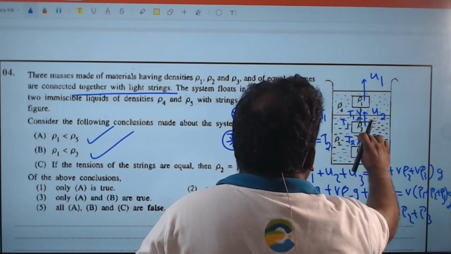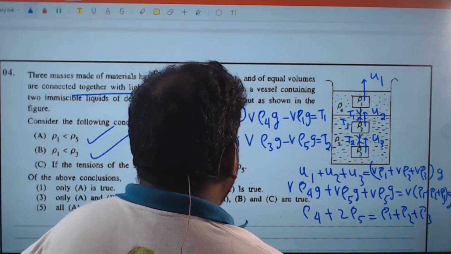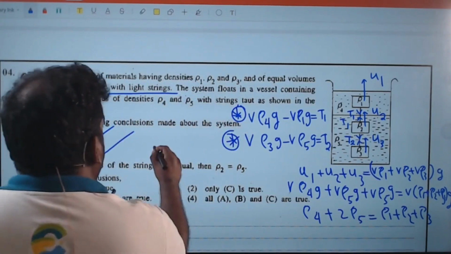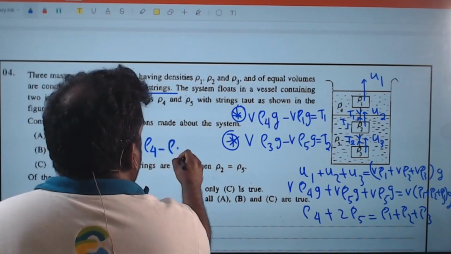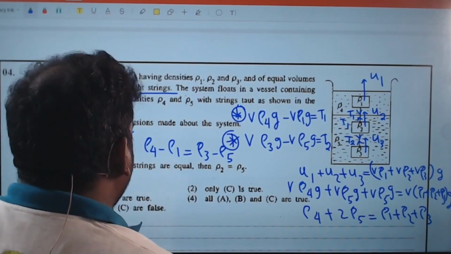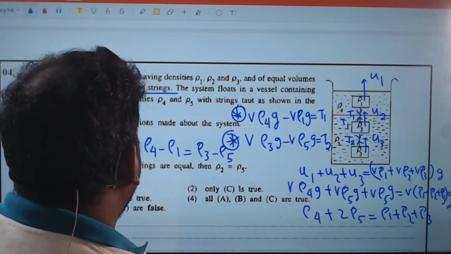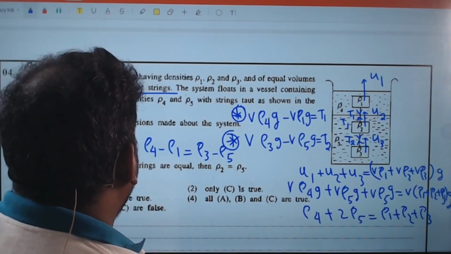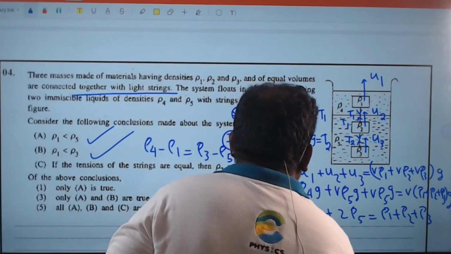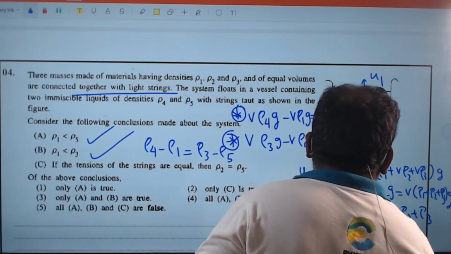Here T1, here T2. Rho 4 minus rho 1, rho 3 minus rho 5. Rho 4 plus rho 5, rho 1 plus rho 3.